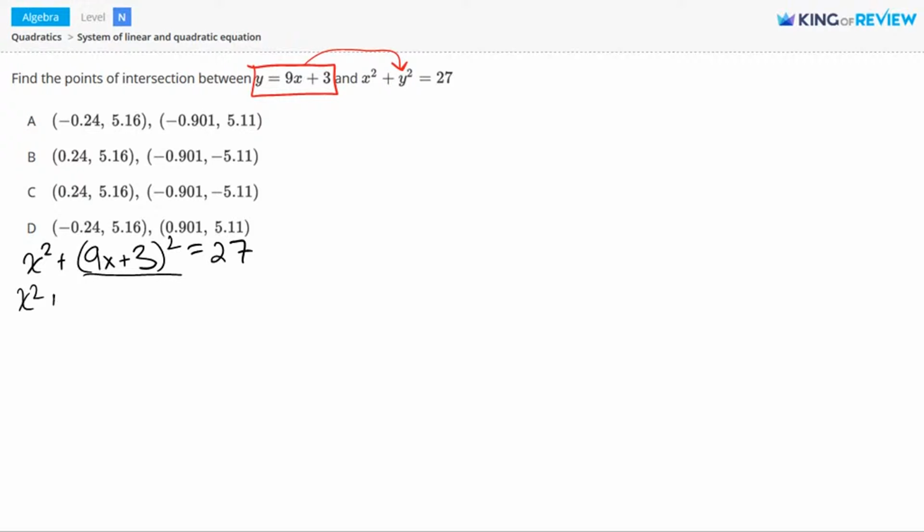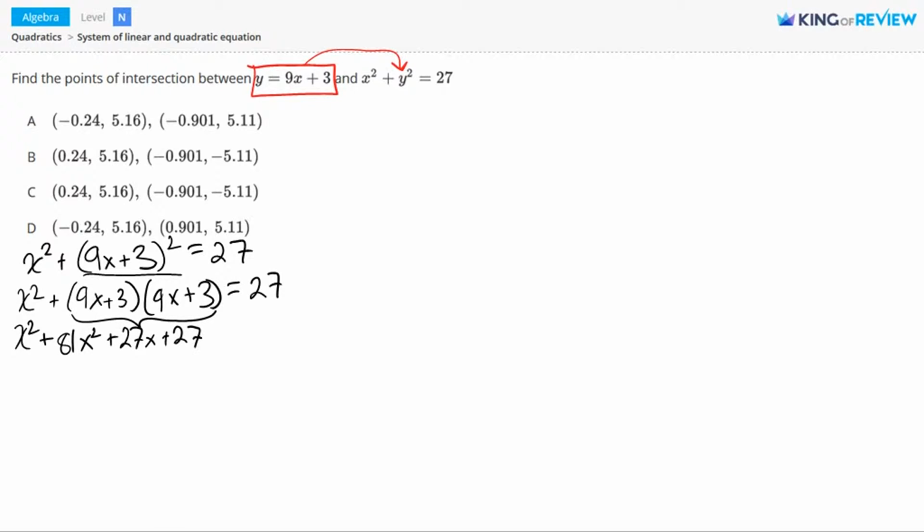x squared plus (9x plus 3) times (9x plus 3) equals 27. I now have x squared plus, I'll use FOIL to multiply this portion out, 81x squared plus 27x plus 27x plus 9 equals 27.